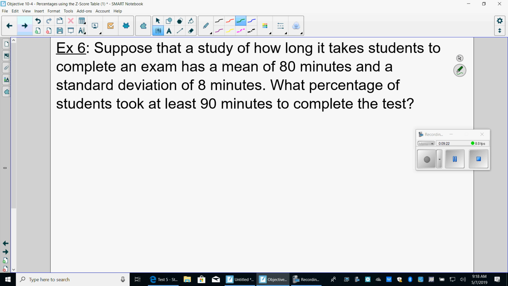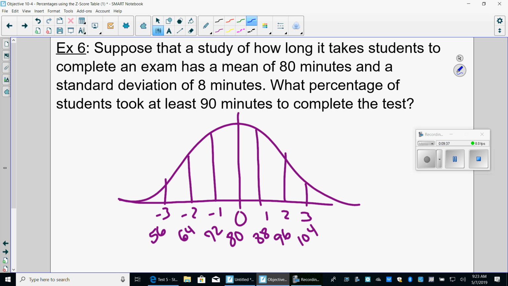So I want 90 or more, correct? So I want you to draw your bell curve, and I want you to mark 90, and shade more than 90. And then I want you to turn it to a z-score and figure out the percentage that is more than. Number one mistake is people will just put in 90. Hold that thought, and I'll get to you. And they'll just put it in the table, and they'll just say, that's my answer, because you're just plugging and chugging numbers.